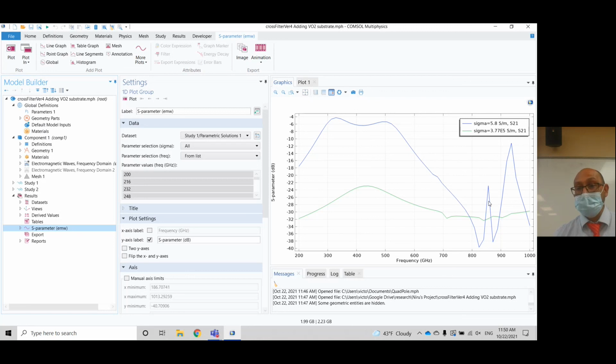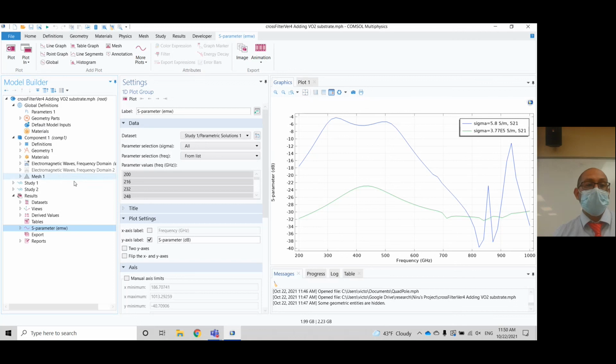In the dielectric, there's this weird peak that we're not sure is the real behavior or if there's something wrong with the simulation. But if this is true, then this will be a good frequency where we can detect any changes, because these kinds of peaks are usually very sensitive to any variations of frequency, any changes in material properties. So this will be a candidate for us to explore.